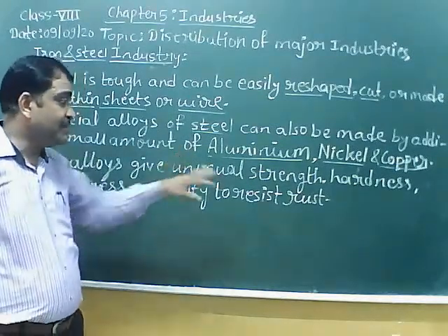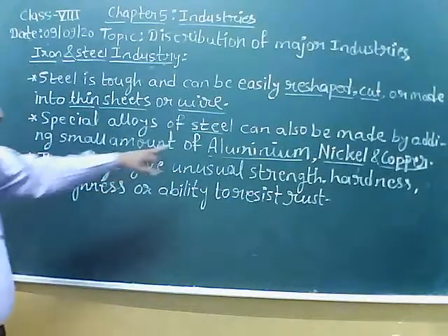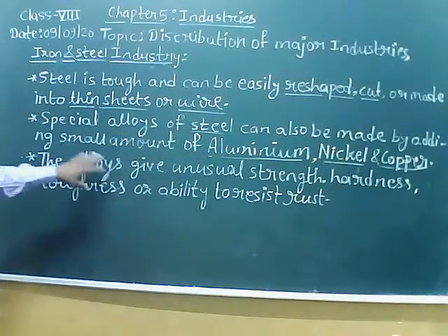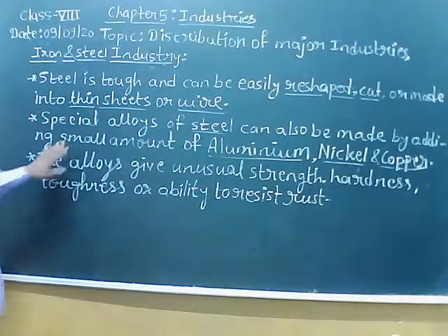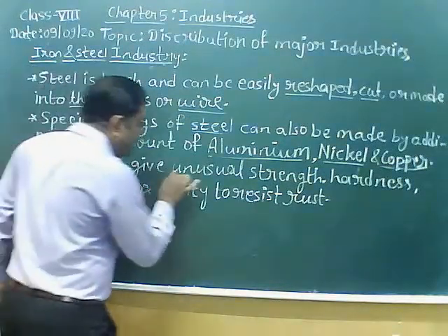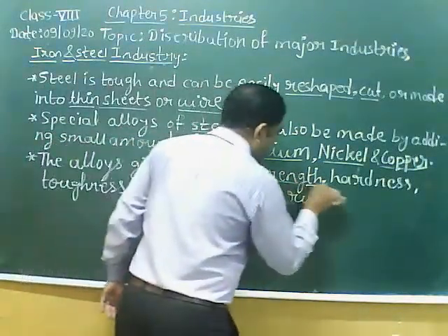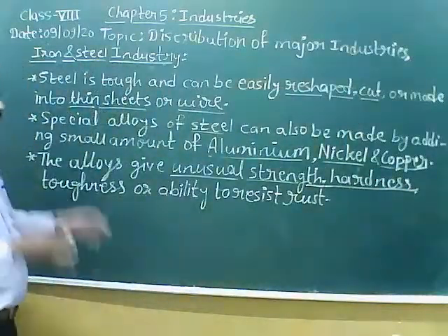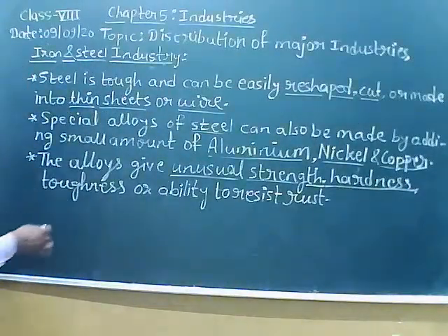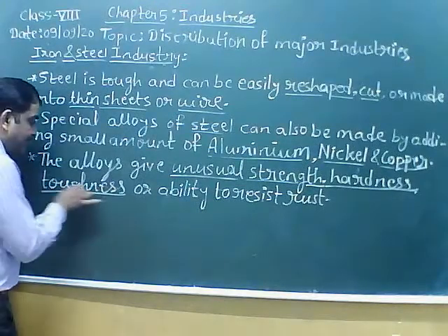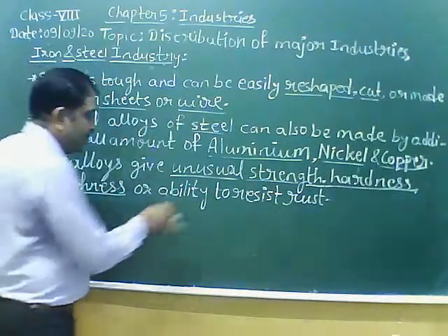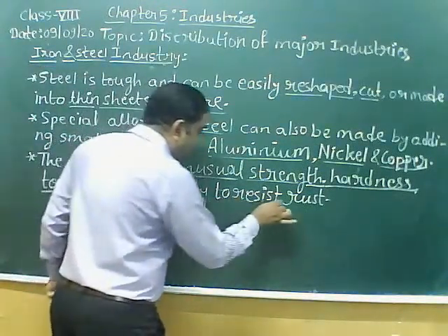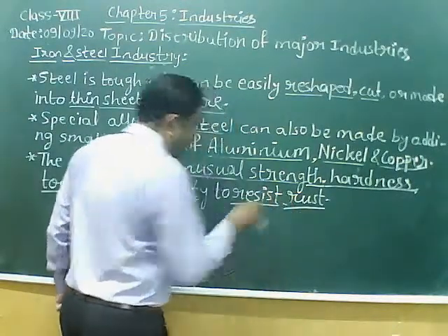After mixing these metals with steel, we got the alloys. Now these alloys give unusual strength. यानी alloy बनाने के बाद में स्टील में strength आता है, hardness आता है, it provides toughness and it also provides the ability to resist rust.